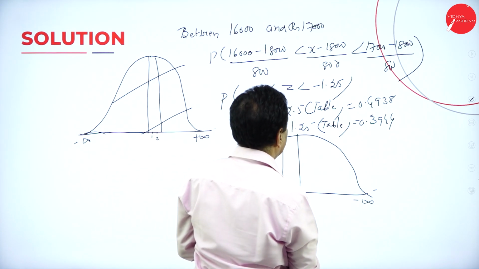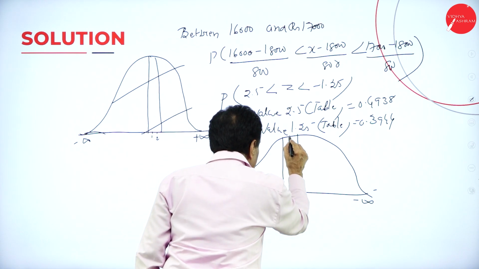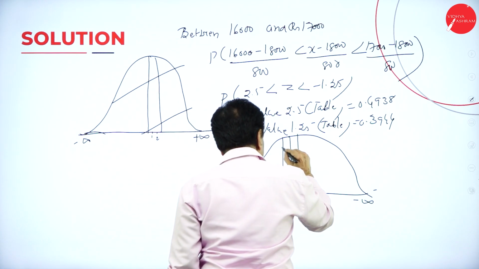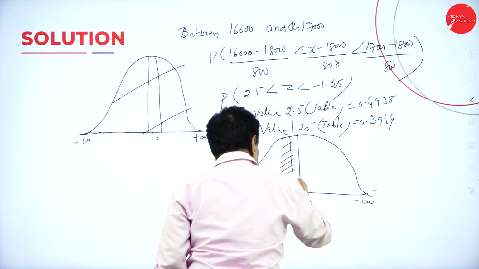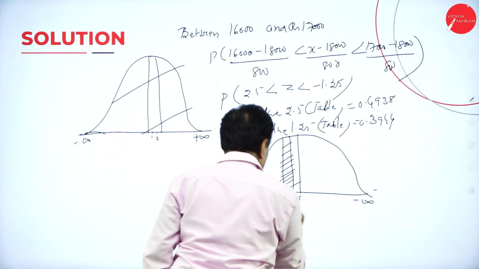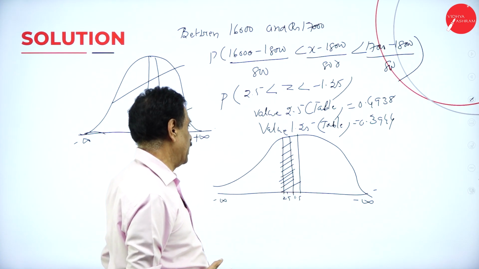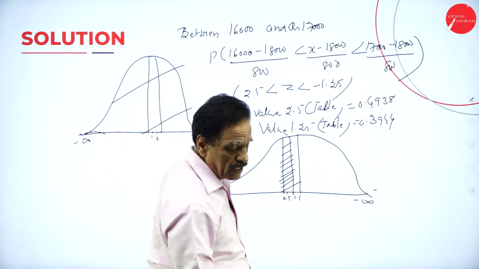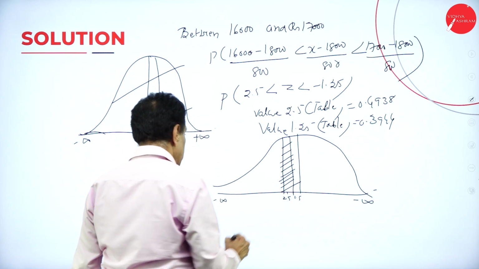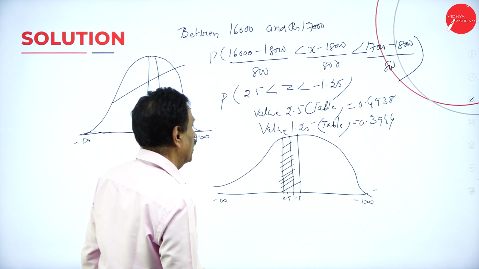Then 17,000 minus 18,000 gives minus 1.25. So this is 2.5, this is 1.25. You have to shade between them, not the less than region.